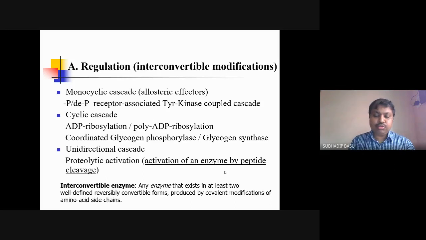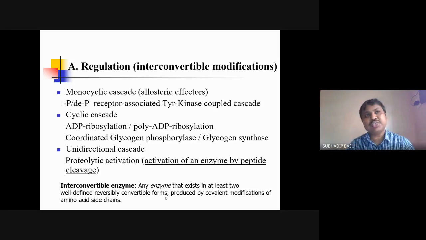So these are called interconvertible enzymes. Any enzyme that exists in at least two well-defined, reversibly convertible forms, often by covalent modification of amino acid side chains.